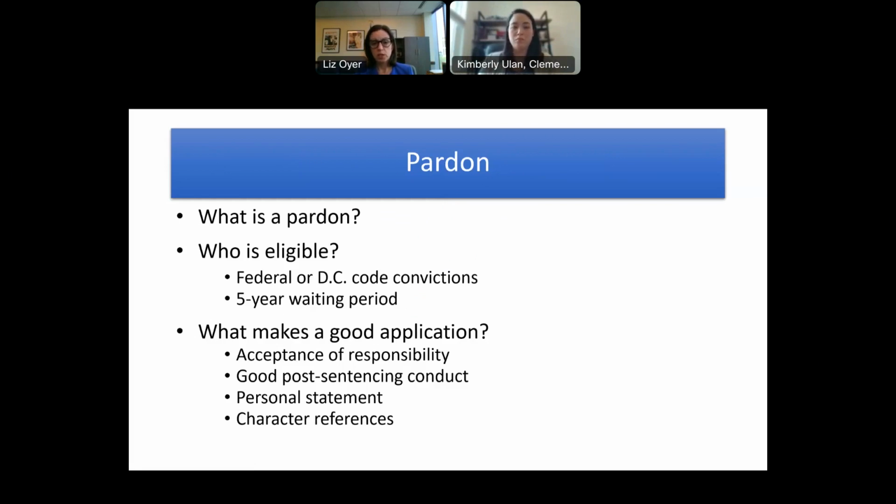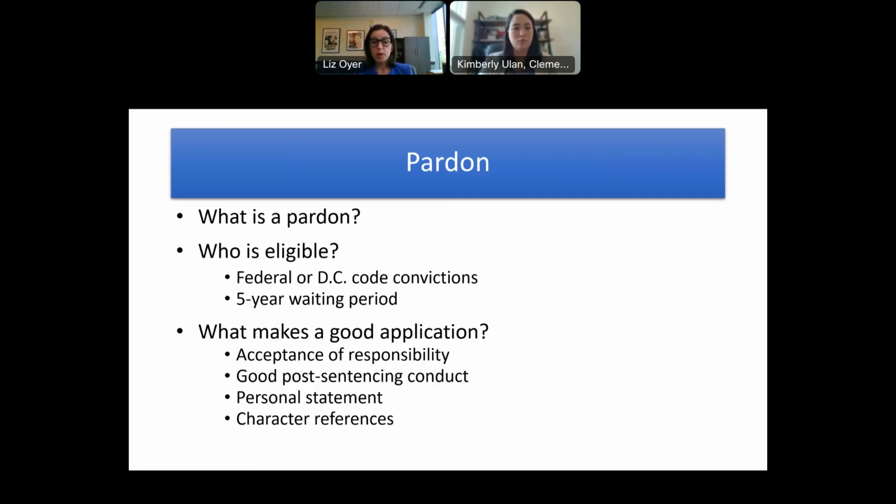There's an additional eligibility requirement, which is that you have to have been out of custody for at least 5 years. That does not mean 5 years off paper. It just means 5 years since you were released from prison, or if you were not sentenced to a term of imprisonment, 5 years since you were originally sentenced. So those are the basic eligibility requirements.